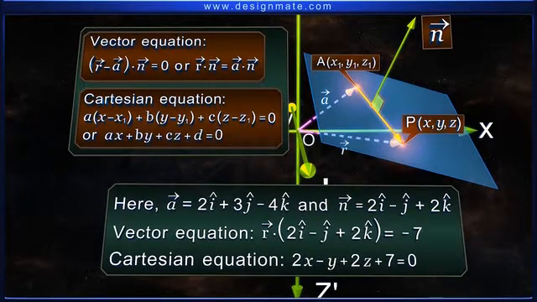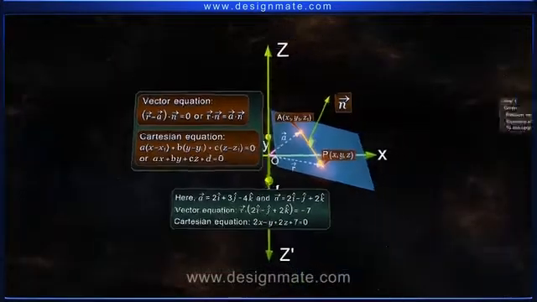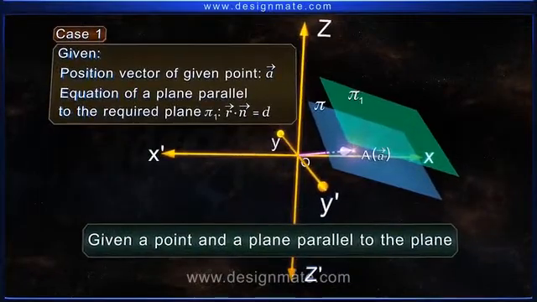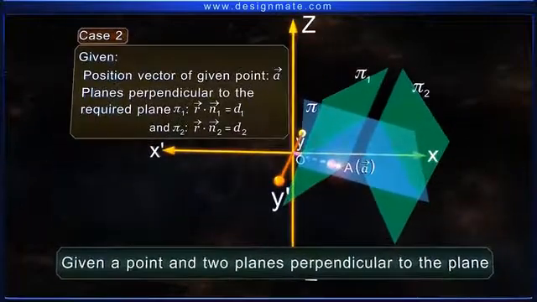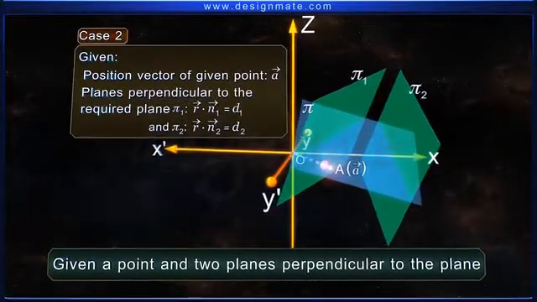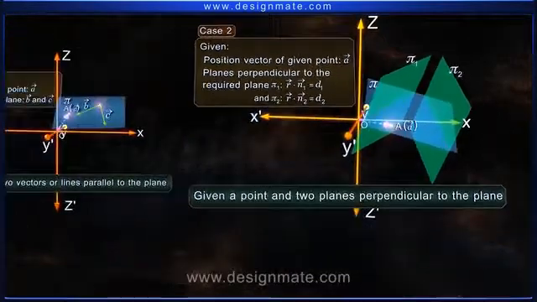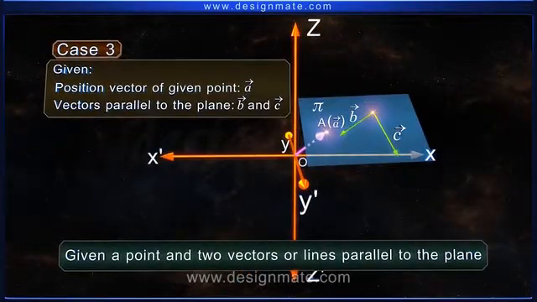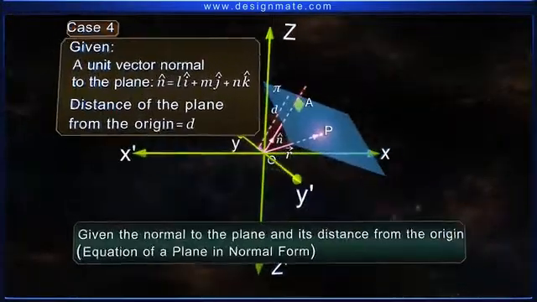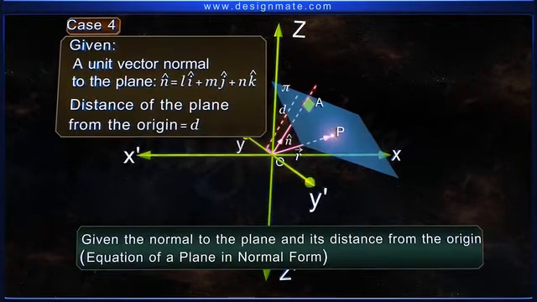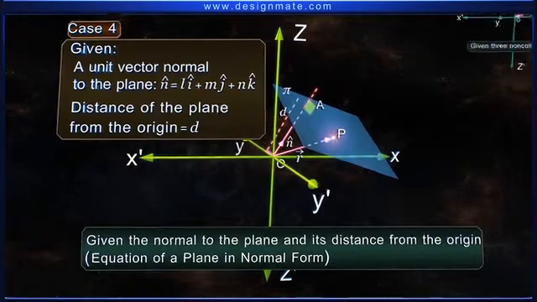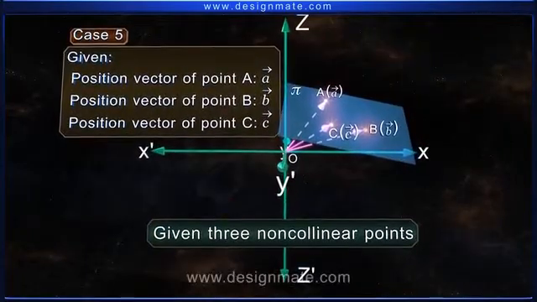Using the above method, we can find the equation of the plane under different conditions such as given a point and a plane parallel to the plane, given a point and two planes perpendicular to the plane, given a point and two vectors or lines parallel to the plane, given the normal to the plane and its distance from the origin, equation of a plane in normal form, given three non-collinear points.